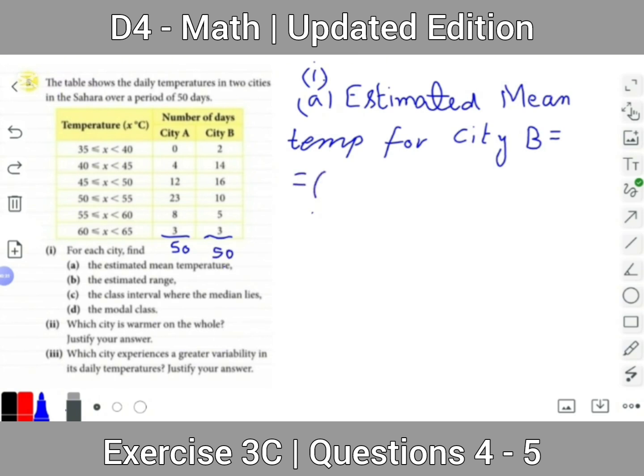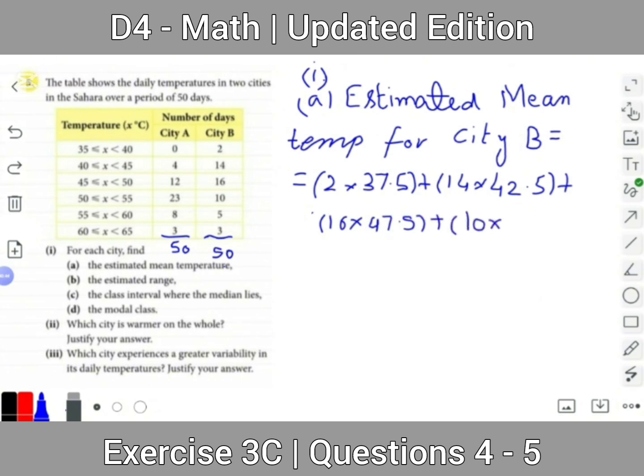So here we have 2 multiplied by 37.5 plus 14 multiplied by 42.5 plus 16 multiplied by 47.5 plus 10 multiplied by 52.5 plus 5 multiplied by 57.5 plus 3 multiplied by 62.5, and divided by 50.